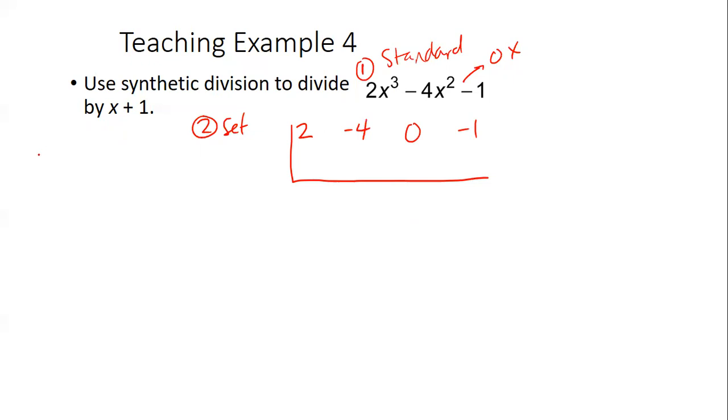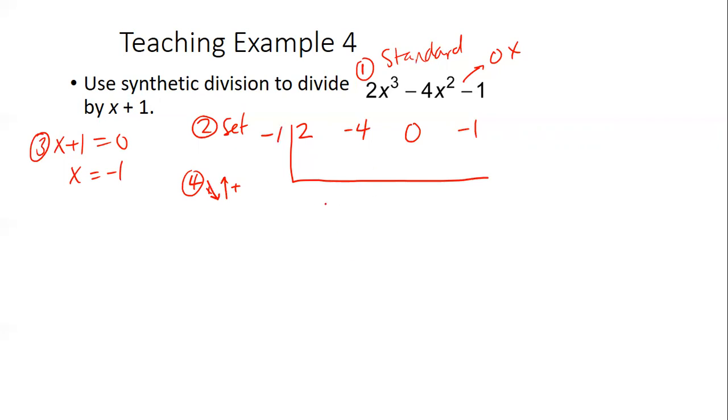Okay. Step 3 is you're going to find your 0. So we have x plus 1 equal to 0. What would x have to be? -1, right? That's going to go on the outside of your synthetic division. And then step 4, we multiply diagonally and we add vertically.